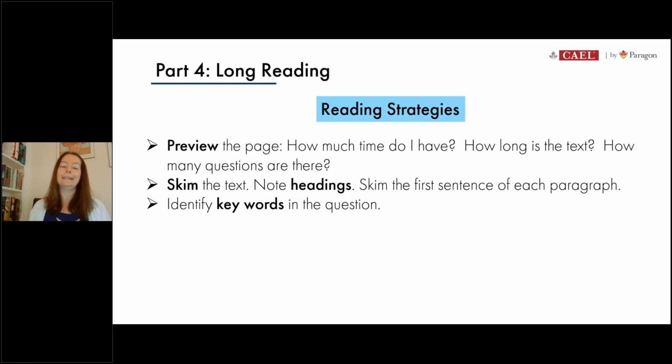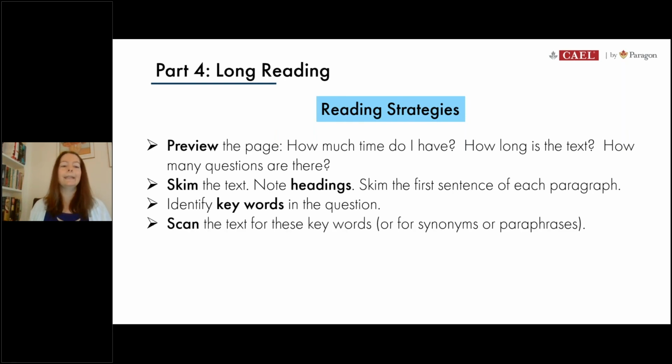So we identified the keyword Ionia in this particular test question. And then we returned to the text and scanned the text only for that one word Ionia in this case. Note that in other test questions, you might be looking for synonyms or paraphrased ideas. And we actually did that when we looked at the answer choices. So sometimes we found direct matches between the text and the question and answer choices. Sometimes though, we found synonyms or paraphrased ideas.